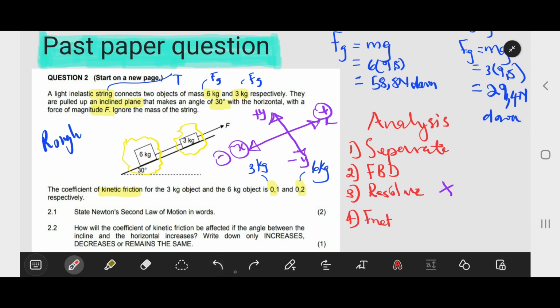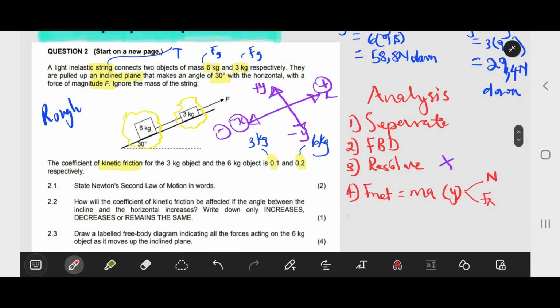Okay, so that is F net equals to ma in the y axis, and the main reason we do this is to obtain the normal force, right? And after obtaining the normal force, we obtain our friction. In this case, that would be kinetic friction since the objects are moving. Okay, and then step number 5, we perform our F net in the x axis, right?